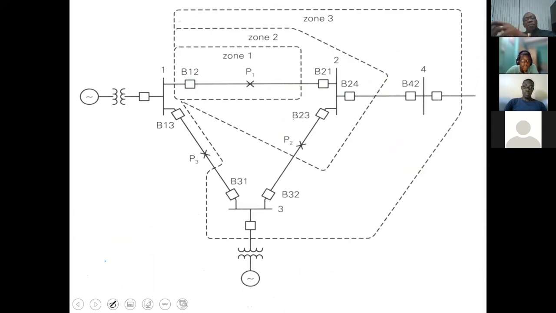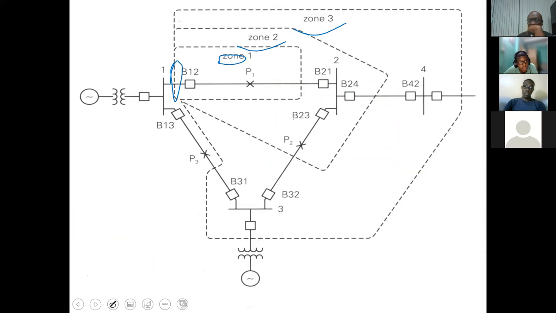And look at the beauty. These 3 boxes that you see highlighted as zone 1, zone 2, and zone 3. These are settings that we are going to put on the impedance relay, which is connected right here. If you note, all of them start from that point.